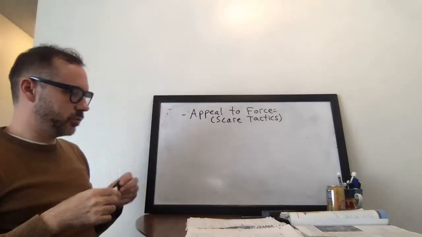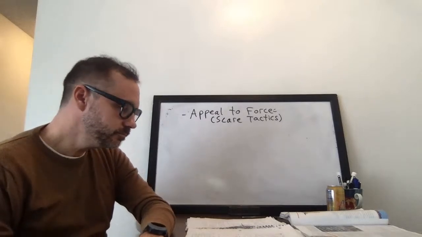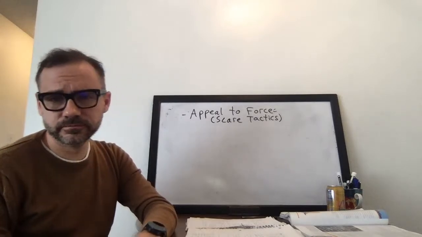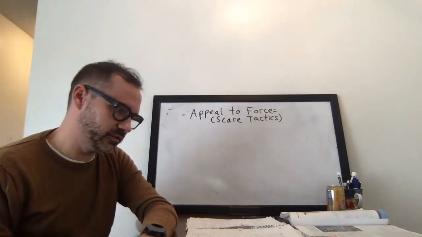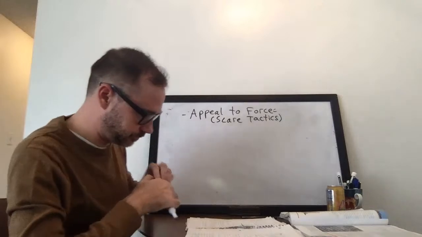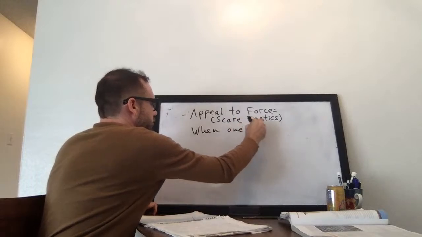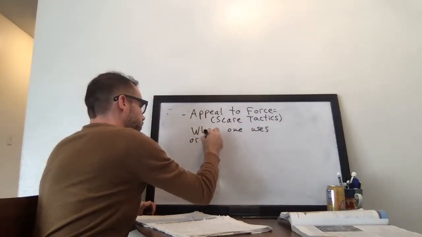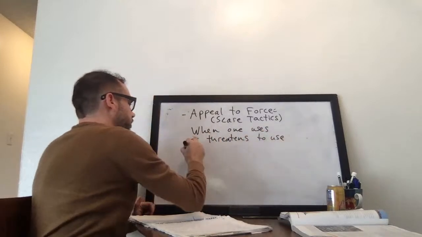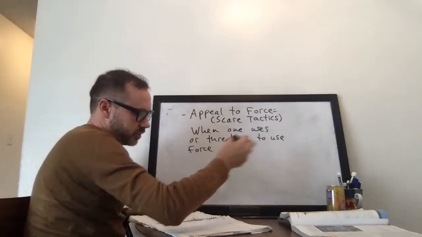Okay, so the appeal to force fallacy is pretty straightforward also. This is when you threaten to use force or intimidation to get someone to back down or to accept your position. Okay, so when one uses or threatens to use force to get someone to back down or accept your position.